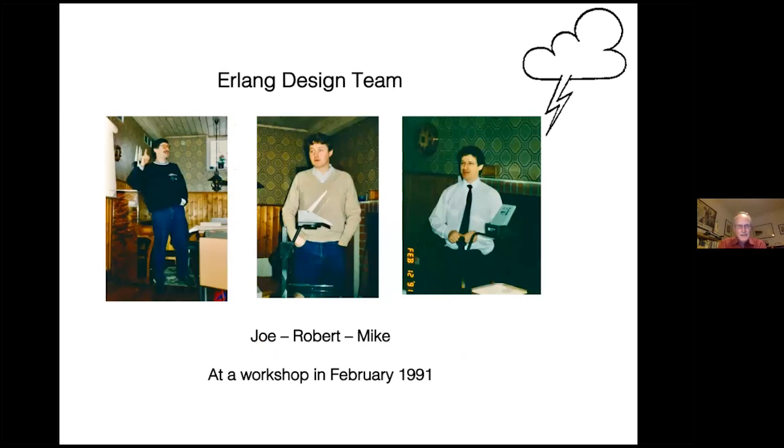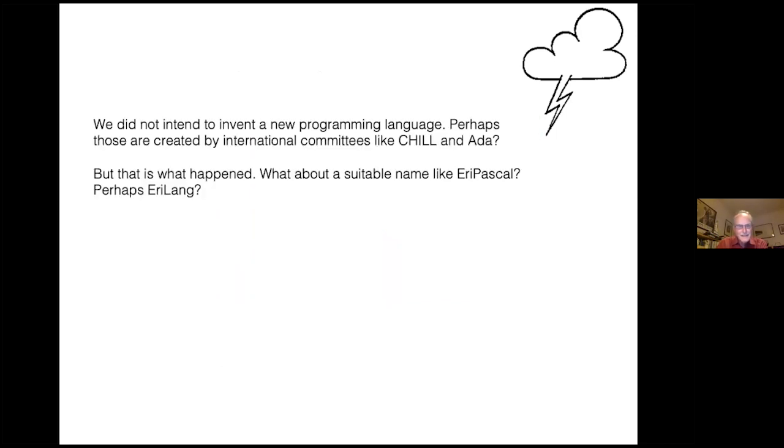So this is the original Erlang design team, and well, they're a bit younger looking then. The idea was not to invent a new programming language, and we were a little bit aware. We thought that perhaps languages are created by international committees like CHILL or Ada.